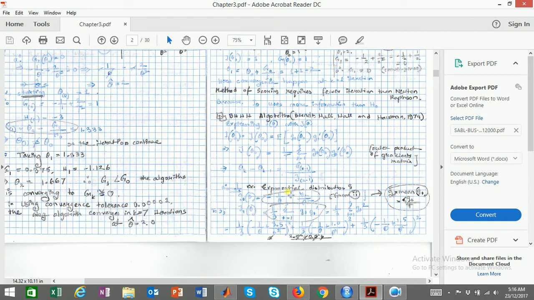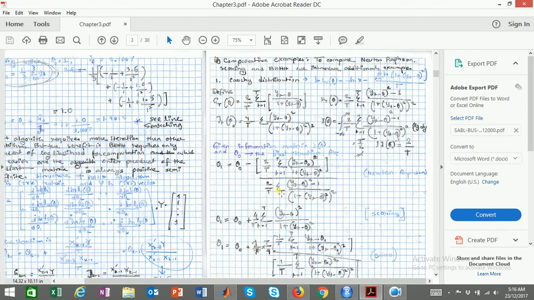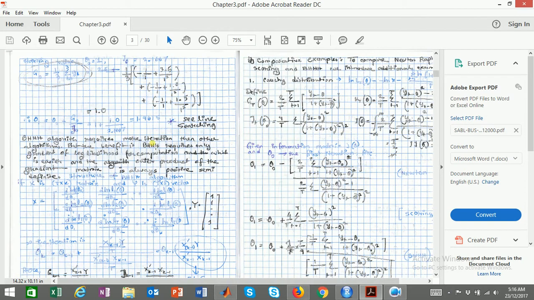Then use theta naught equals 1 for initialization. When we use theta naught equals 1, we solve this again, J naught, and with theta naught equals 1 we evaluate the gradient vector.